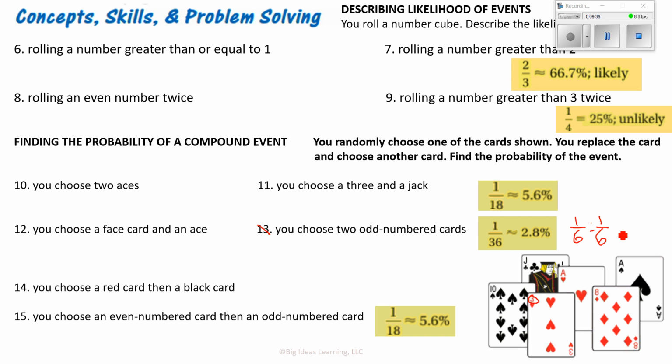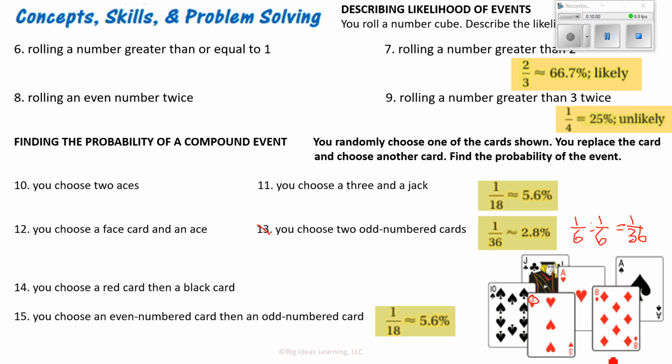When we multiply these to each other, it's going to get a 1 out of 36. But I know that everybody looks at aces as odd. Some of you might have even said the jack was odd. But they're just talking about odd numbers. So it's a very deceiving question. I'm removing number 13.